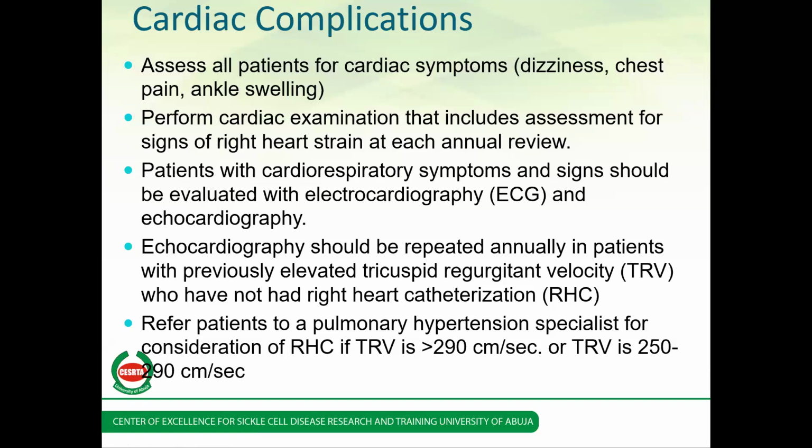Echocardiography should be repeated annually in patients with previously elevated tricuspid regurgitant velocity who have not had right heart catheterization. Refer patients to a pulmonary hypertension specialist for consideration of right heart catheterization if the tricuspid regurgitant velocity is greater than 290 centimeters per second, or is between 250 and 290 centimeters per second.